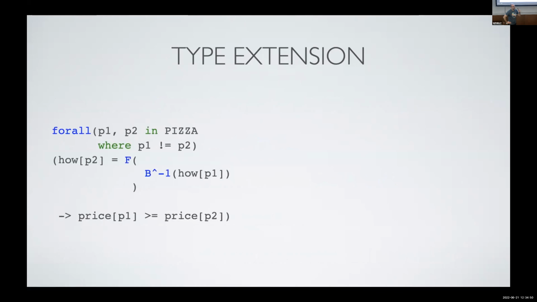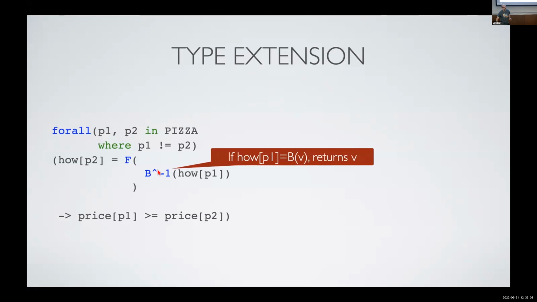So let's have a look at this part again. How does this work now? Well, we're saying if how of P2 is equal to f of b to the -1 of how P1, then the price of P1 must be greater than the price of P2. So what does that actually mean? It means this function here, b to the -1 of how P1, returns the voucher v if how of P1 is equal to b of v. So it takes us back from this use type into the voucher type.